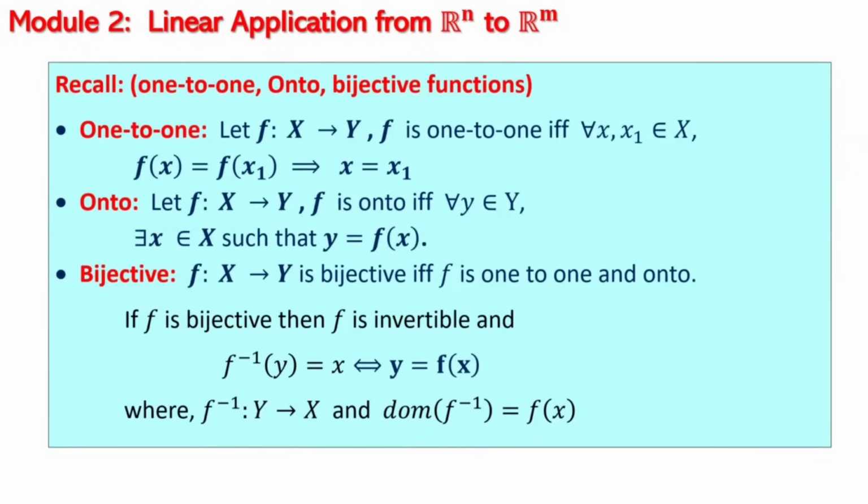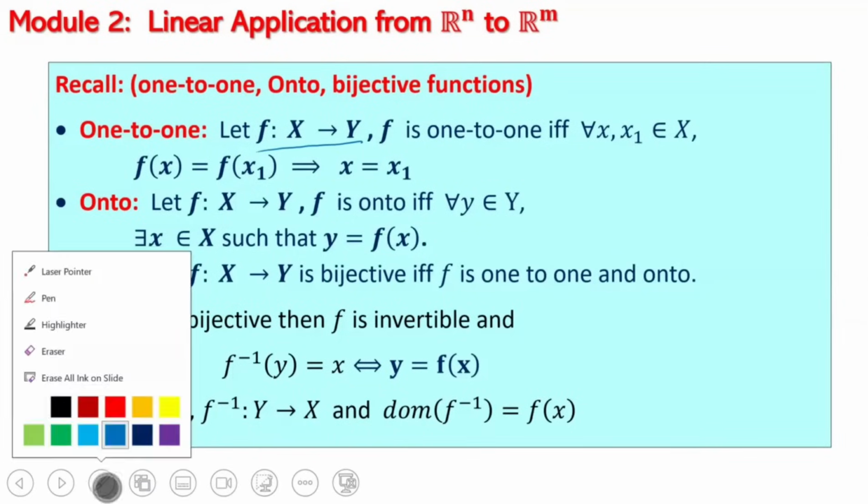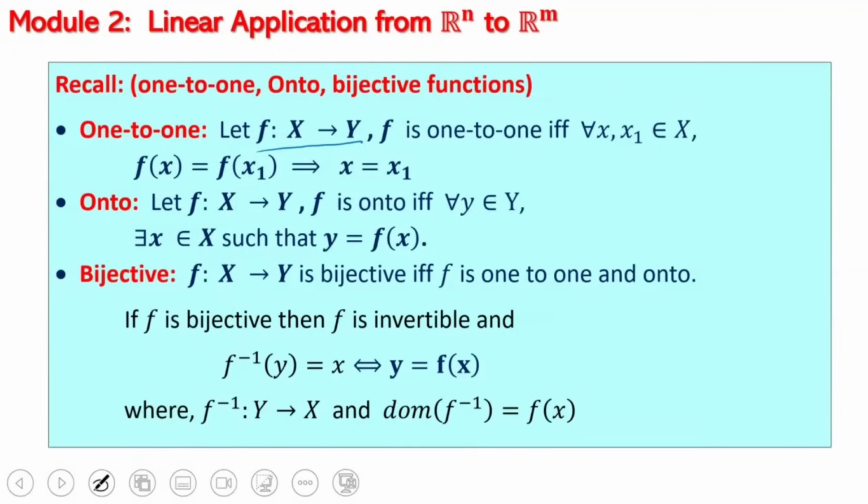Okay, now these are basic definitions of functions. When we say that f from X to Y is a function, we say that this function is one-to-one if and only if for all x and x1 belonging to X, f(x) equal to f(x1) implies x equals x1.